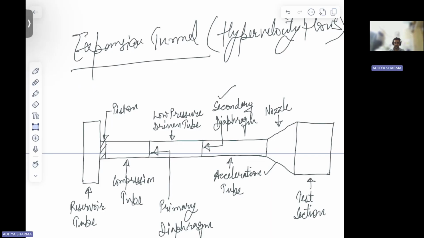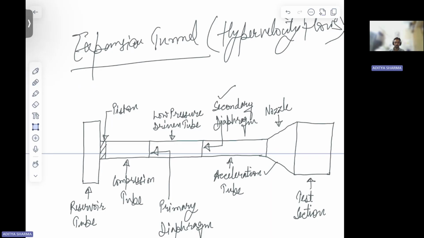Then this driven tube is connected to acceleration tube, which is at very low temperatures and separated from your driven tube by a secondary diaphragm. And this acceleration tube is connected to a divergent nozzle, and from there it is connected to a test section.